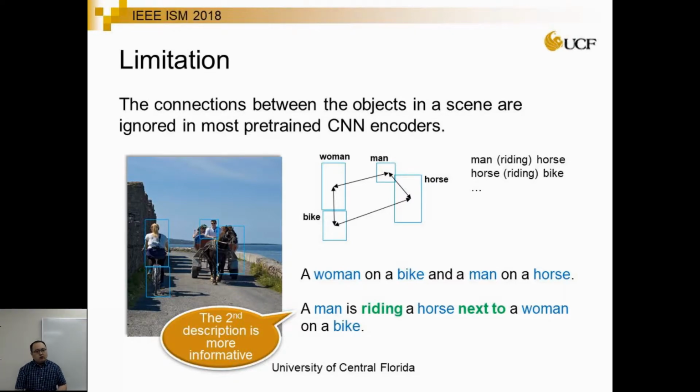For example, here our model learns the connection between the woman and the bike, the man and the horse, and the woman and the horse. So we can see that the second sentence is generated by our model, and it contains more information about the positioning and the relationships between the objects.